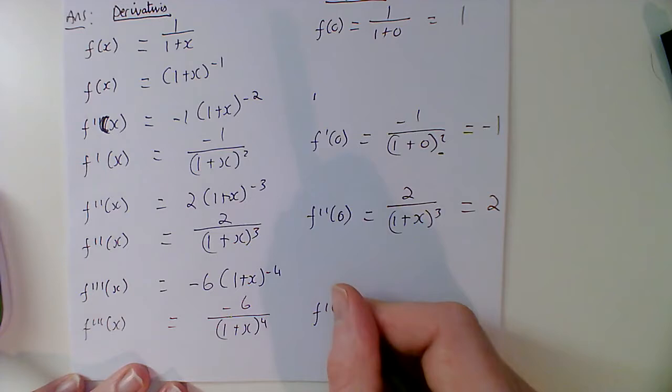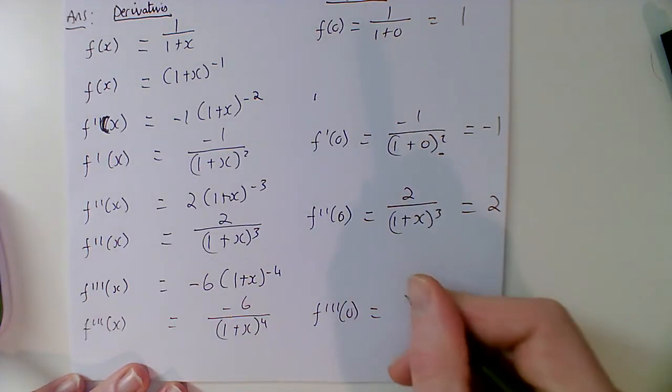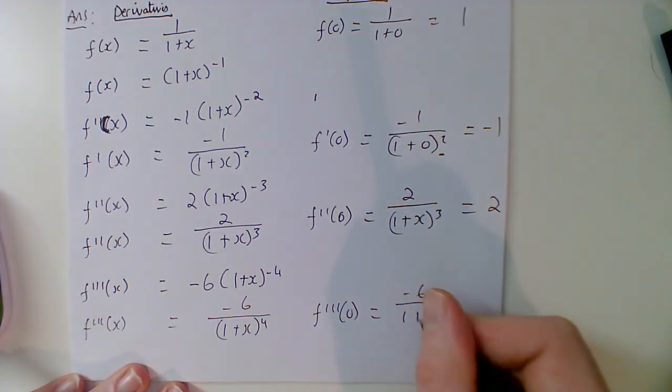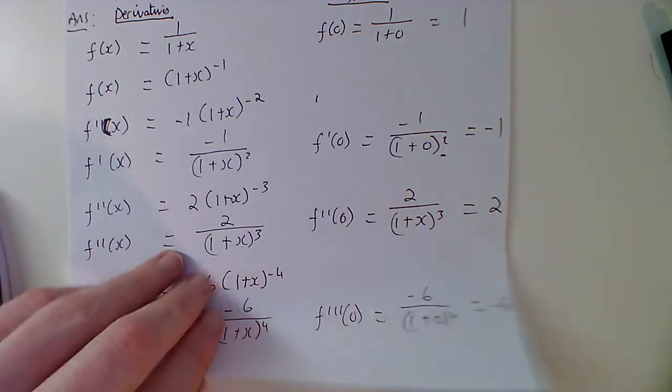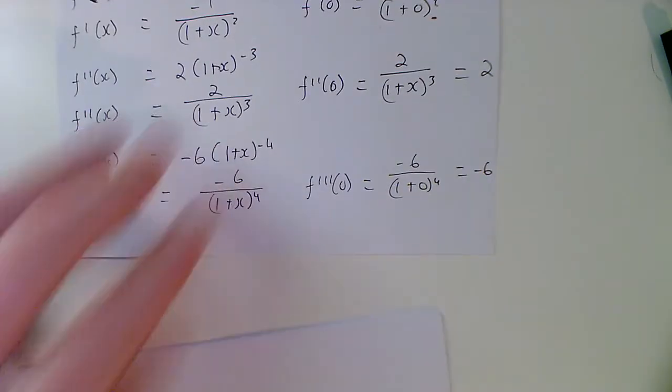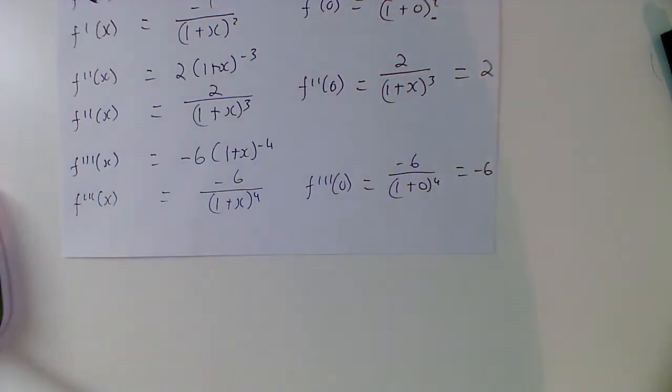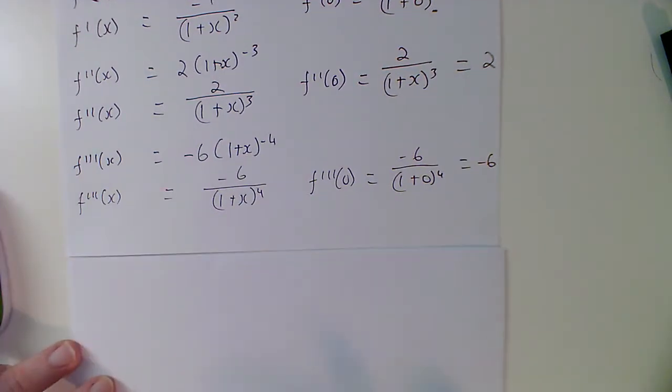So f triple dashed of 0 is negative 6 over 1 plus 0 to the power of 4, which is negative 6. I've got 4 coefficients now, 1, negative 1, 2 and negative 6. I know I need to do one more.